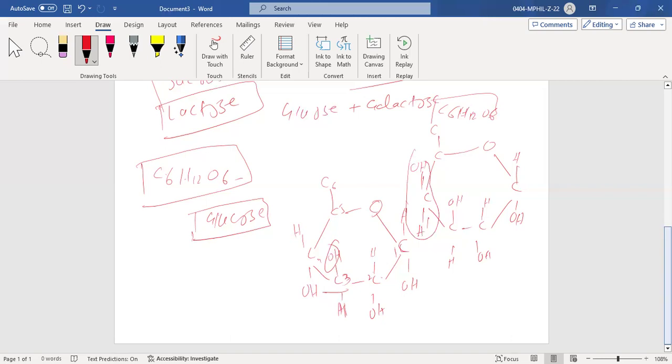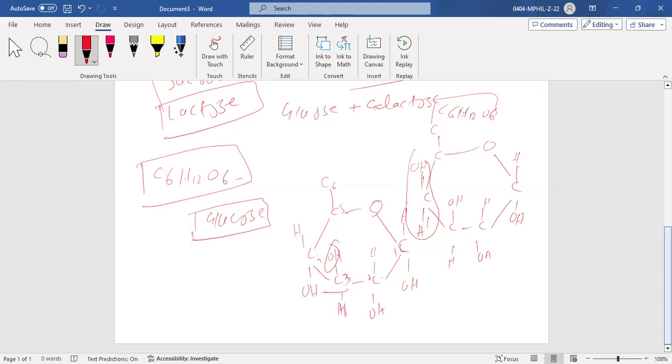For example, glucose is very different and galactose is different. Both are performing different functions, although both are sugars, they are involved in different processes. So structure matters. At times structure matters. So this is how the monomers are changed here. Otherwise all the structures are the same.